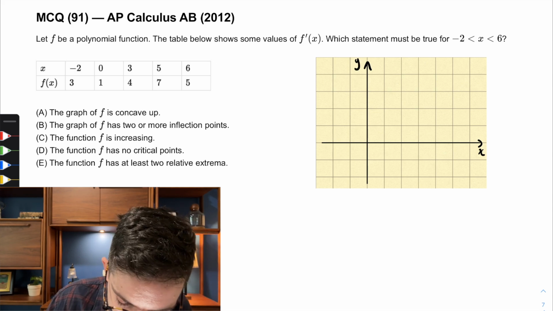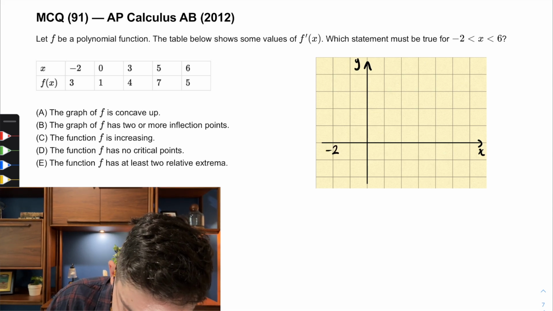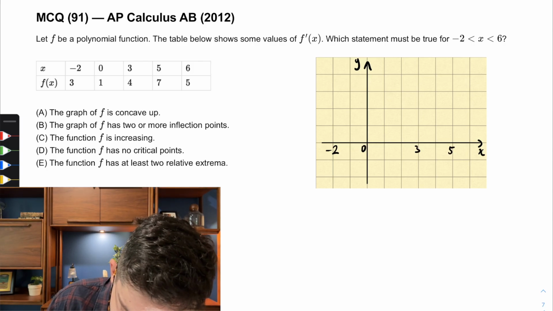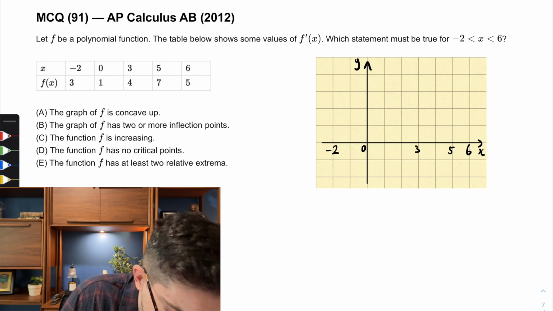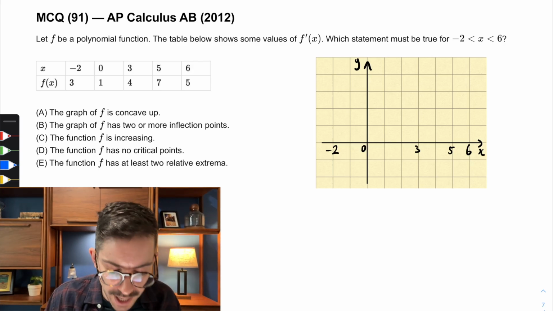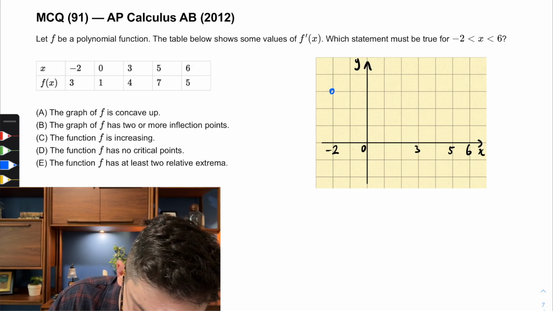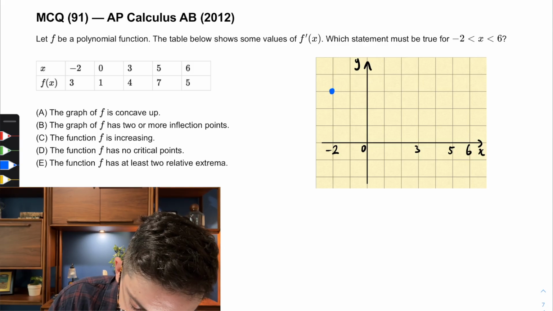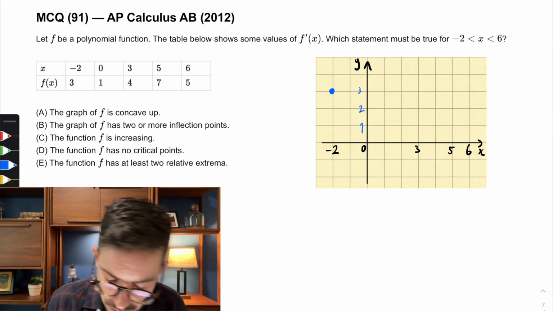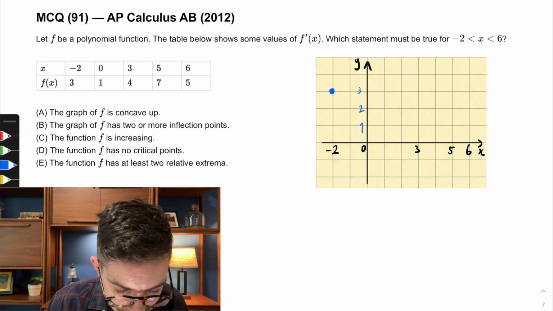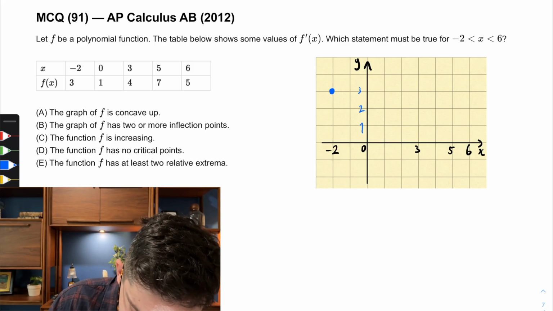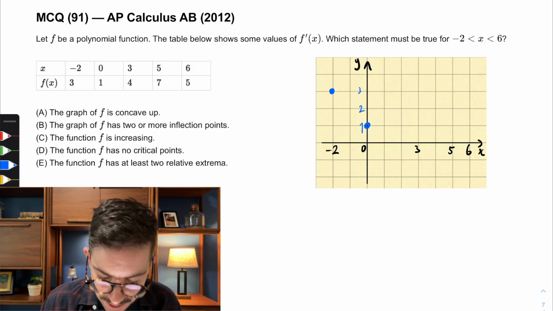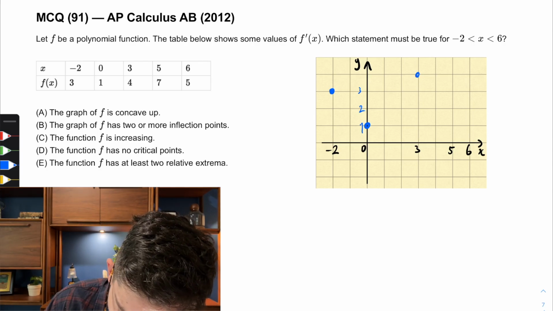So I know that I've got x values -2 and at 0, at 3, at 5, and at 6. Let's plot these points. So when x is -2, I get a point at 3. When x is 0, I have a point at 1. At x equals 3, I have a point at 4.